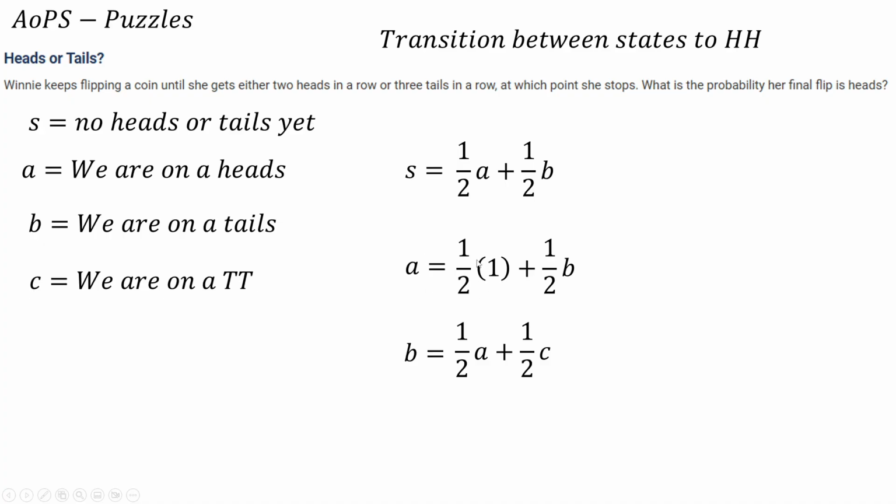Okay, now let's come to this one here. The reason why I've put 1 here instead of, say, A, which you might have thought, because you might think, oh well, we're going to be on A again and so we should put A because that's going to be another heads.